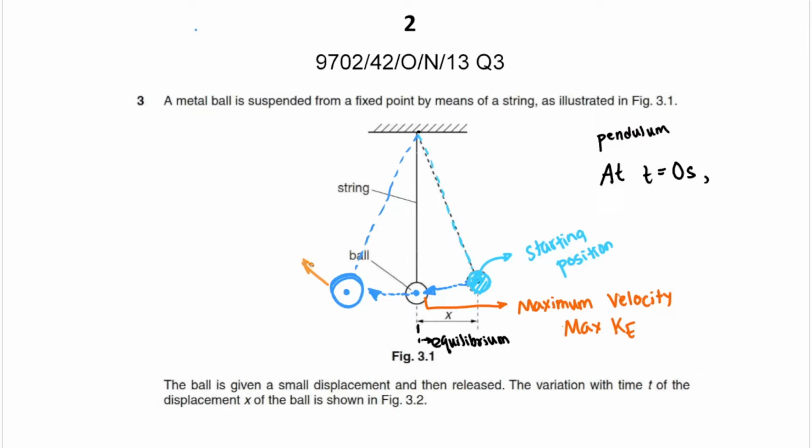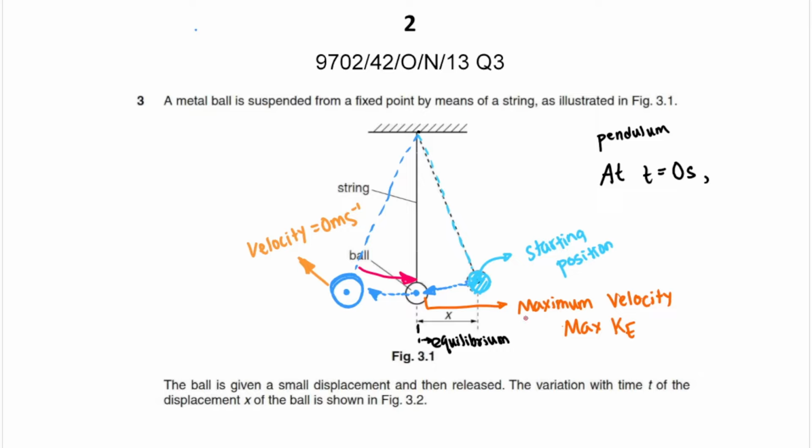So at this point, we can say that velocity equals 0 meters per second. Once the ball has reached maximum displacement in the opposite direction, the ball again comes back to equilibrium, where all of its gravitational potential energy is converted into kinetic energy, and it again attains maximum kinetic energy and maximum velocity.